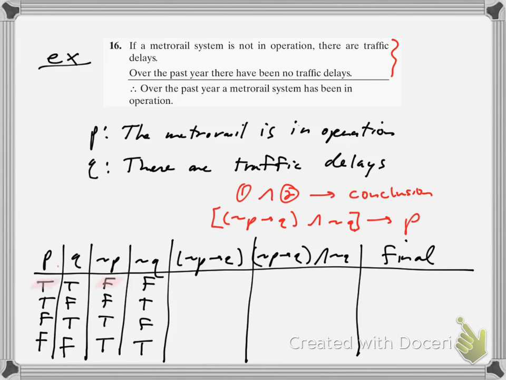False, arrow, true. Remember, the arrows are going this way because we're starting with not P. So false, arrow, true is true. False, arrow, true again is true. True, arrow, false is false. And true, arrow, false.